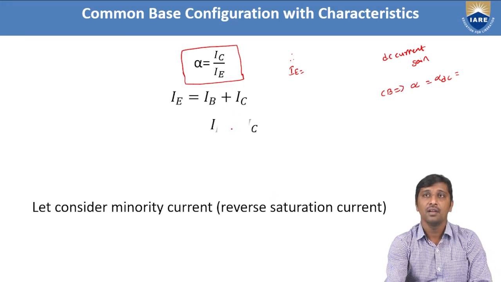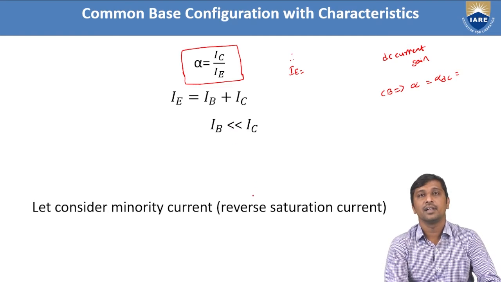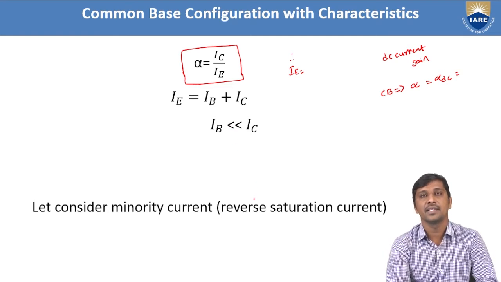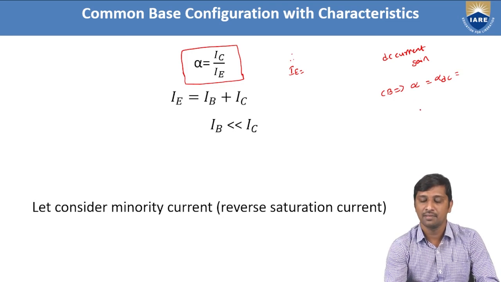But based on the doping levels of the regions of the transistor, we know that the emitter is heavily doped, the base is very lightly doped, and the collector is moderately doped.